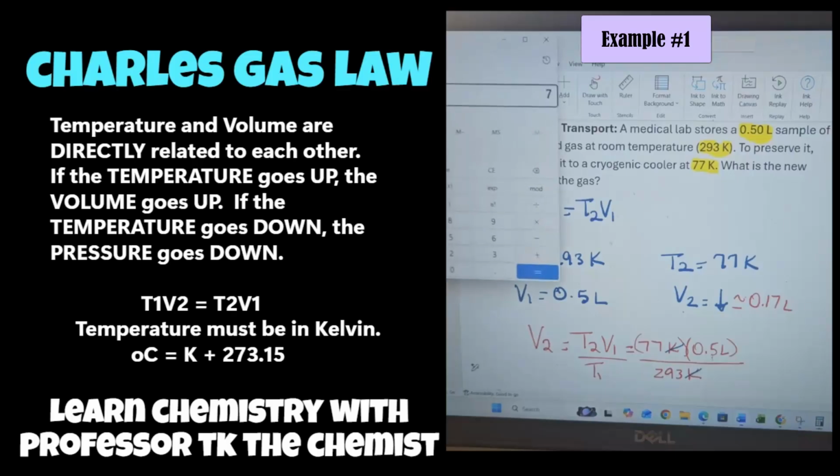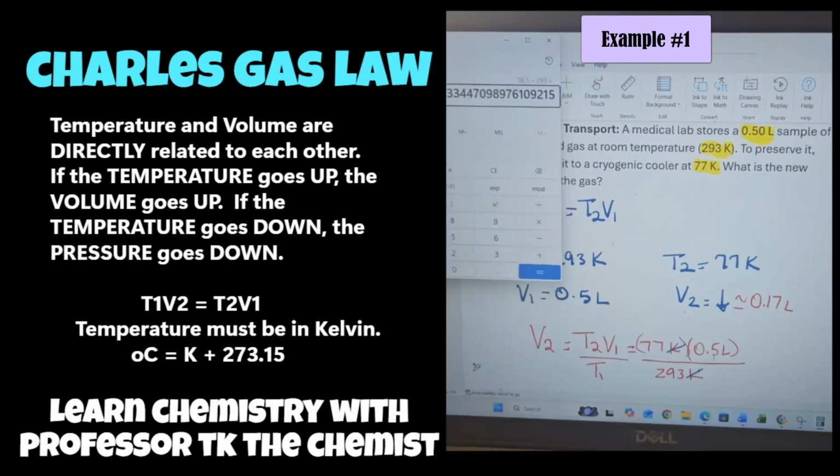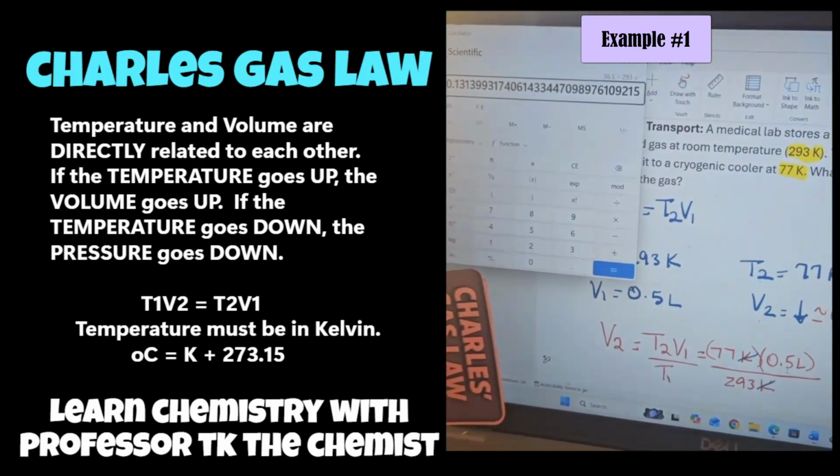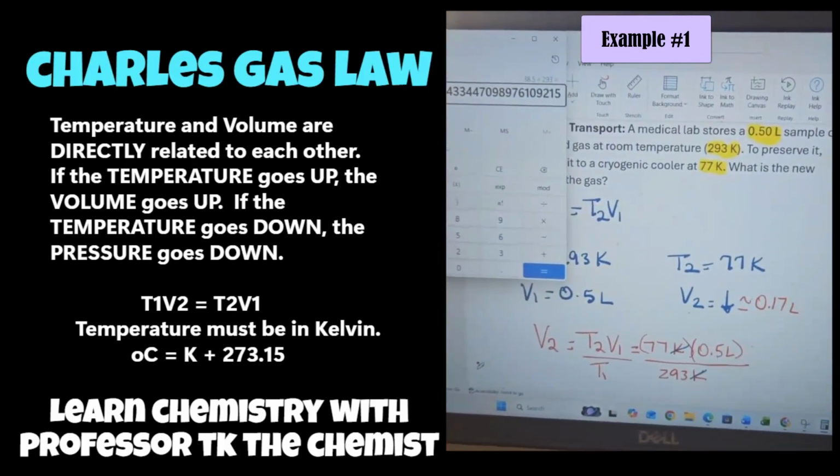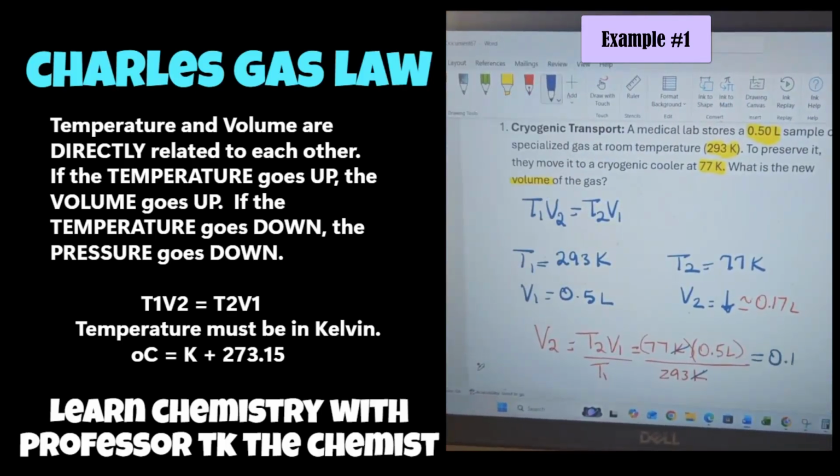And now you've got 77 times 0.5 divided by 293, and you've got 0.13 liters. So that answer was close enough to what we predicted it would be using the actual numbers here. Okay? That's how we got that answer. All right.